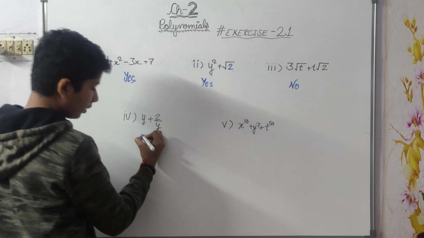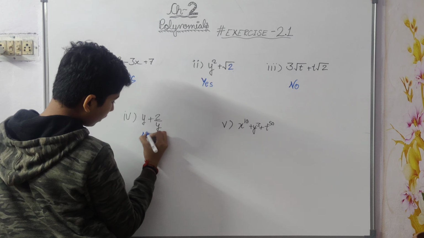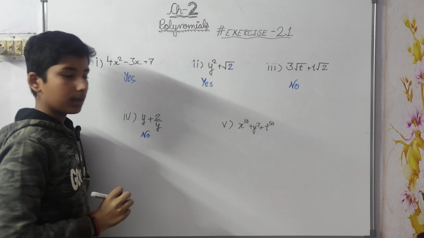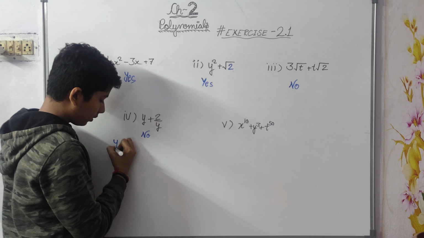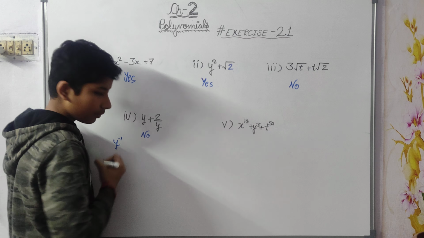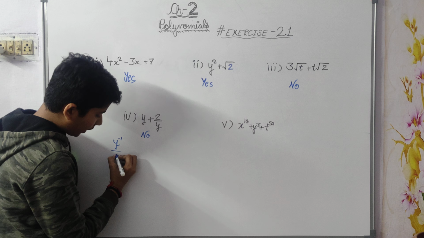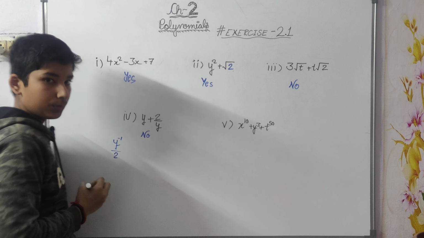And this one, this is also no. Why no? Because the single variable is getting used, but y has a negative power, because 2 by y can be written as 2 y to the power minus 1.